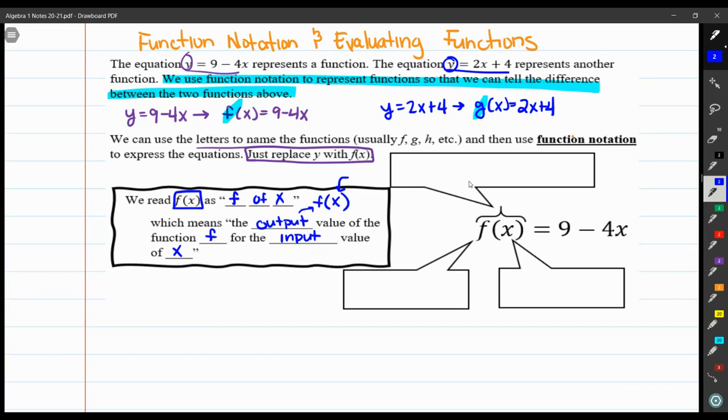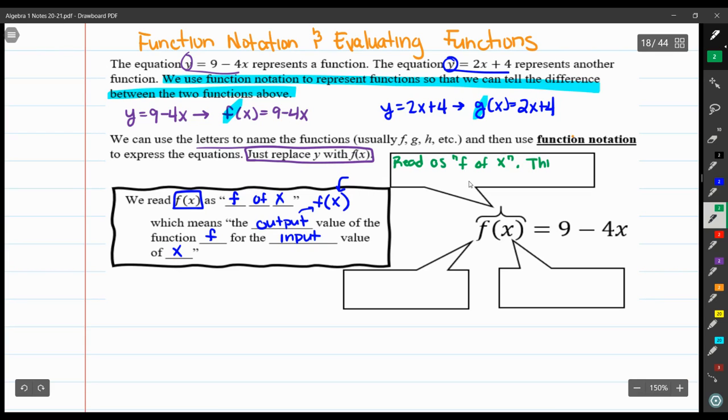It can be an x, it can be a z, it can be an r, it can be a 2. That's how you know what the input is. So basically the f is the name and x is the input. And here's our little example. We have f of x equals 9 minus 4x. Let's do some labeling. So first, the f of x is read as f of x.